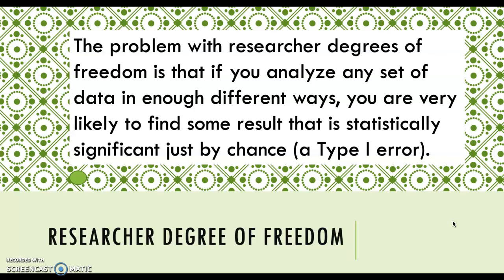These are certain decisions that the researchers make during the research process, including when to stop collecting data, whether to exclude any participants from the analysis and which ones, which analyses to do, and which dependent variables and conditions to report. The idea is that researchers are generally free to try out many different possibilities in their research for statistically significant results. Another one is deciding when to stop collecting data.